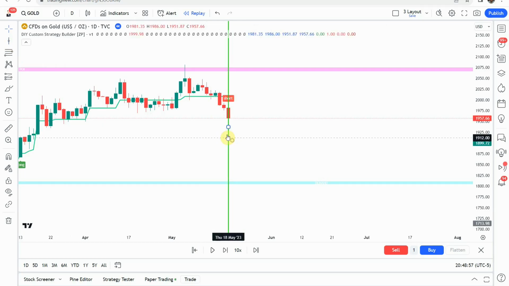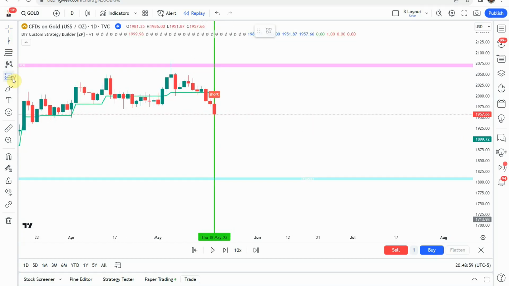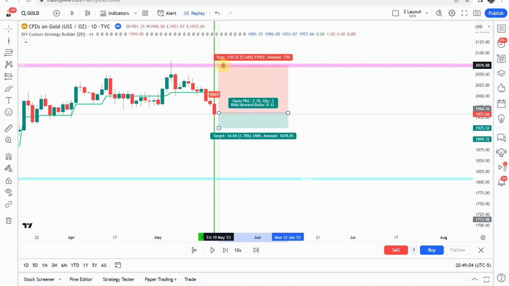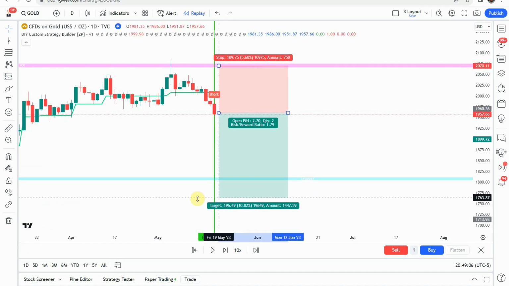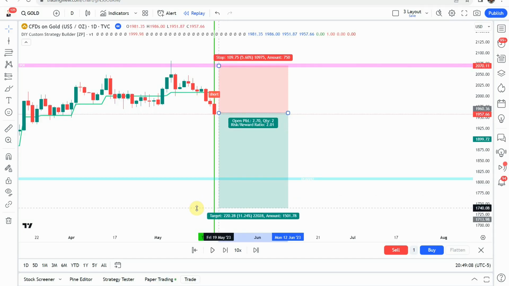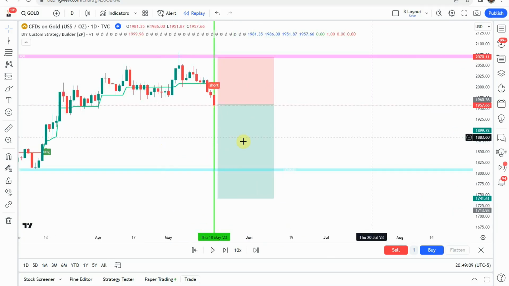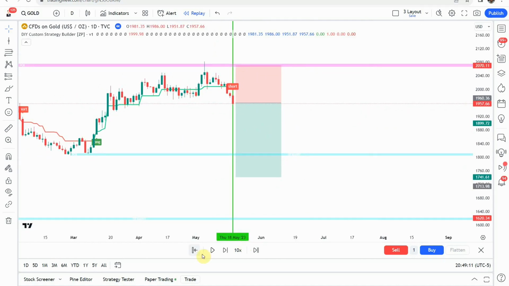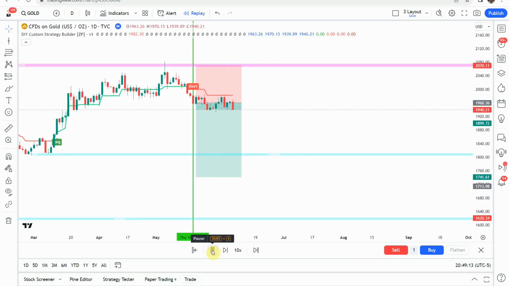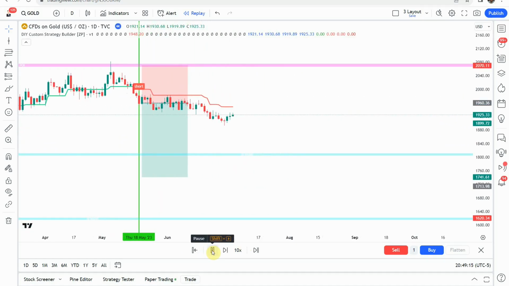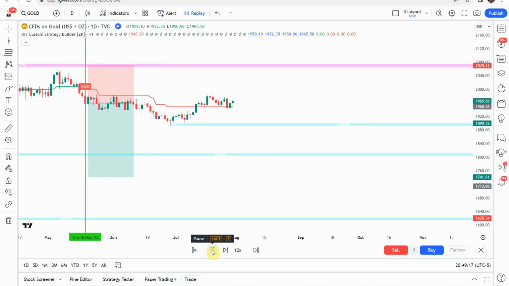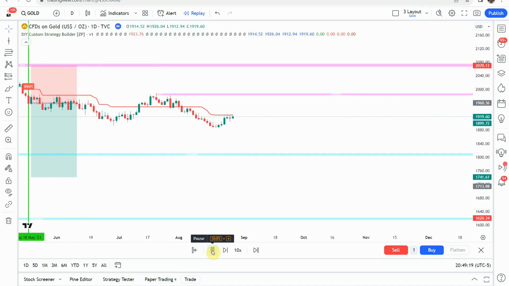That would have been where we entered the trade. Just as before, I'm going to set a short position like so, stop there, and a 1 to 2 risk reward like so. And we'll go ahead and play it forward, and long way to drop there. I'm not sure if it's going to be able to get down all that way.